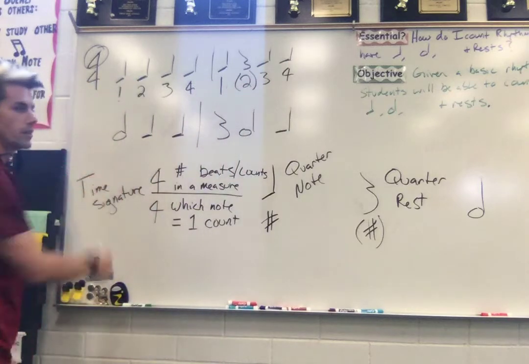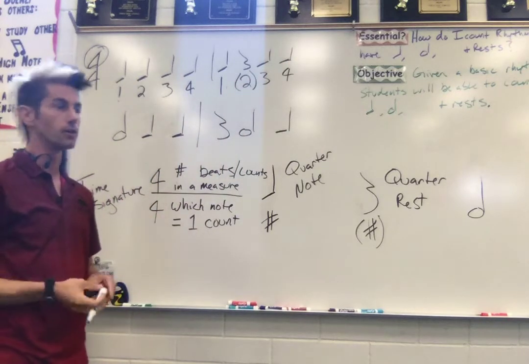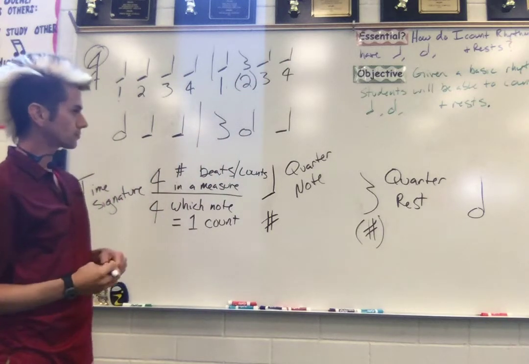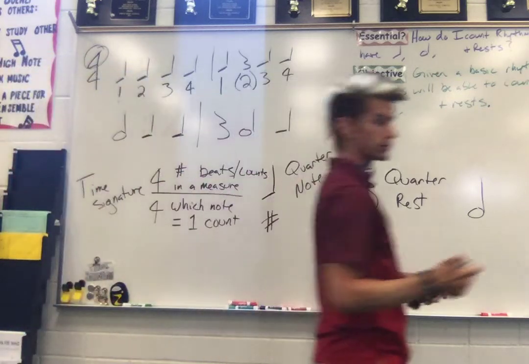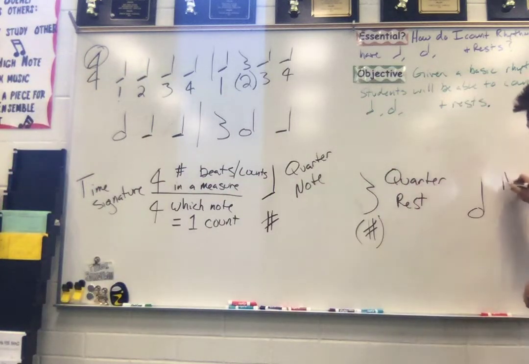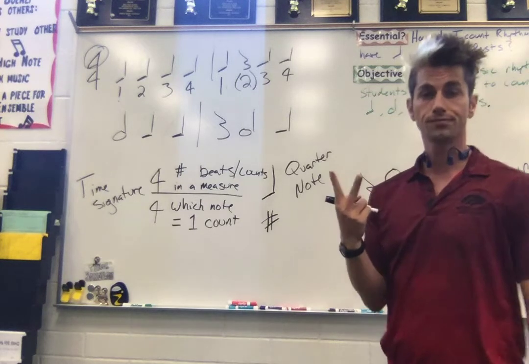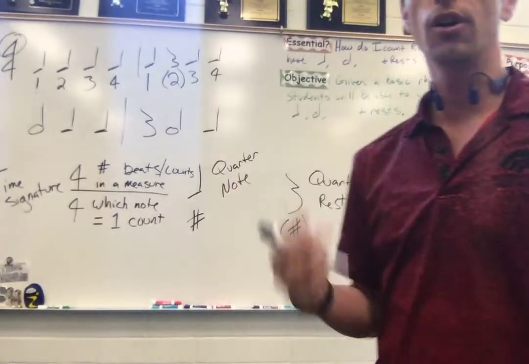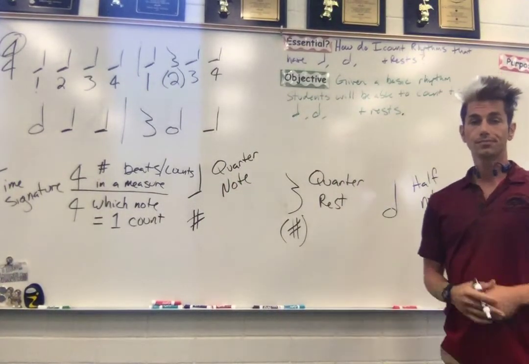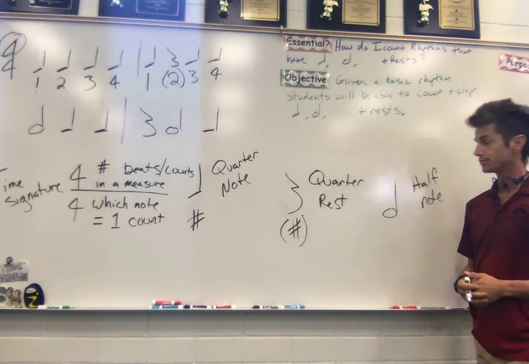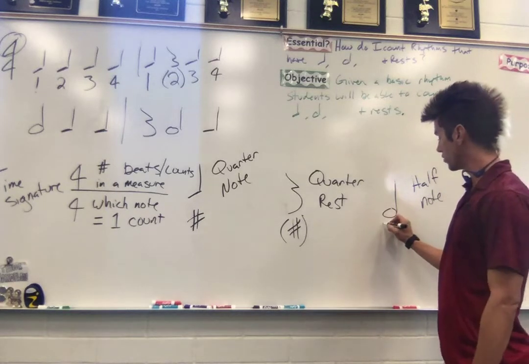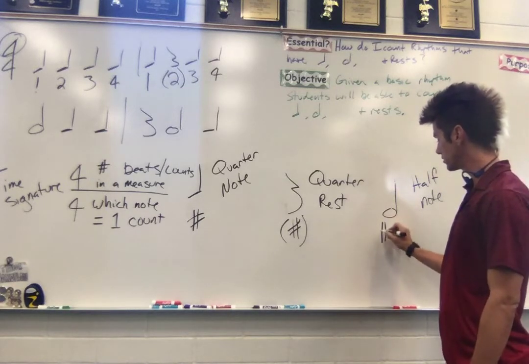Uh-oh, we got a half note now. So, half note is over here. And a half note gets 2 counts. The way we're going to show that is a nice big number and then a small number.